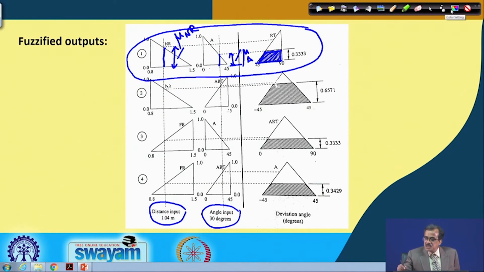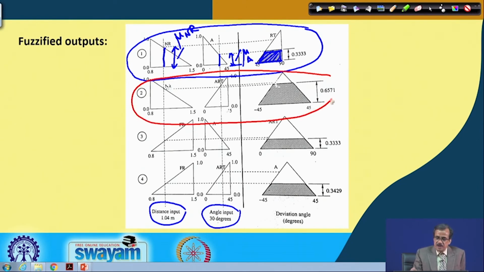Now, by following a similar procedure, I can also find out what should be the output corresponding to the second fired rule. This is the second fired rule, and here, corresponding to distance equals 1.04, I will be getting mu n r, which is nothing but this. And corresponding to this particular angle, I can also find out the mu, and that is nothing but your mu a r t.